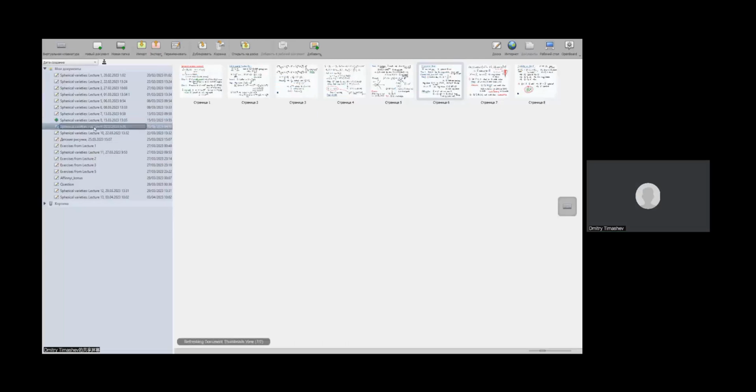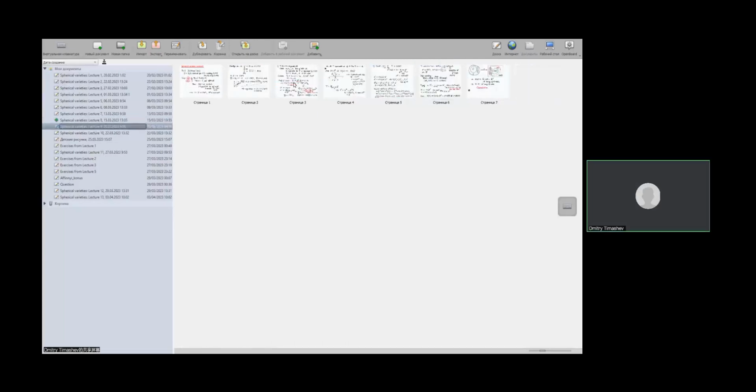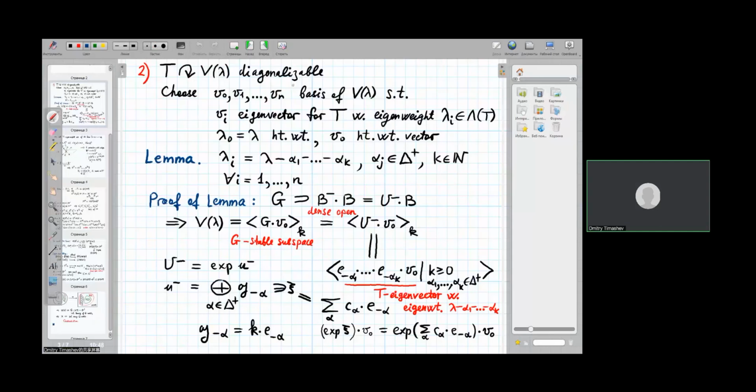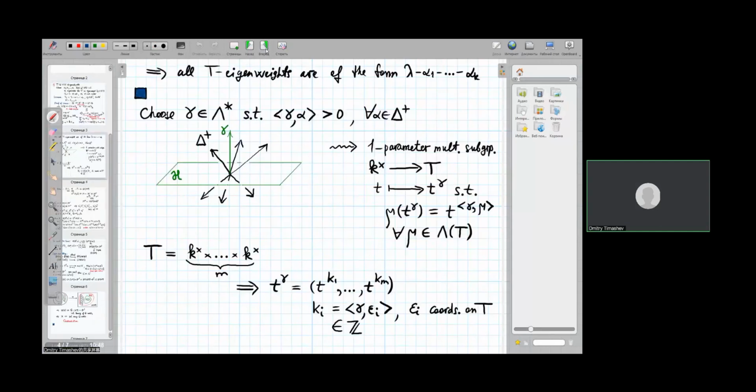So now you agree, but let me check that I have written everything correctly. So here you take gamma in the dual of the character lattice. Okay. Yes, I see that.